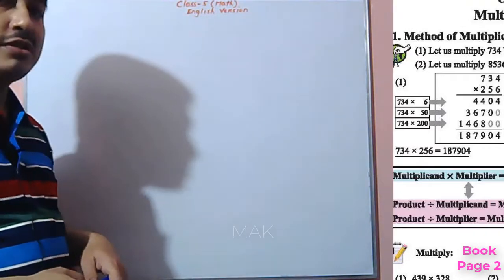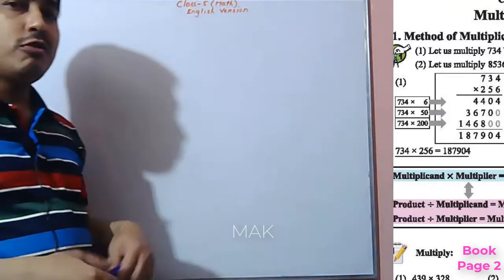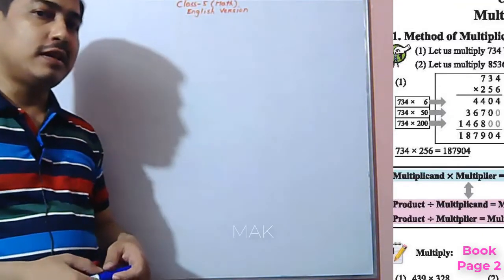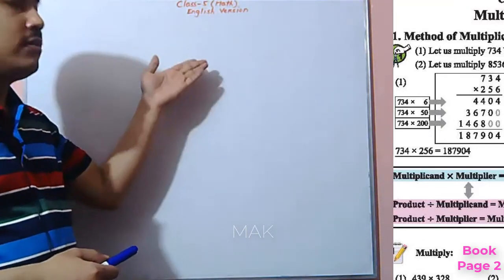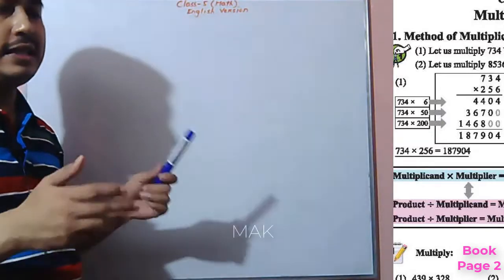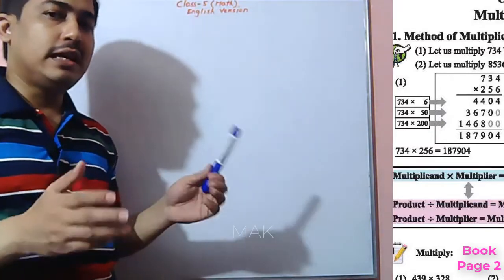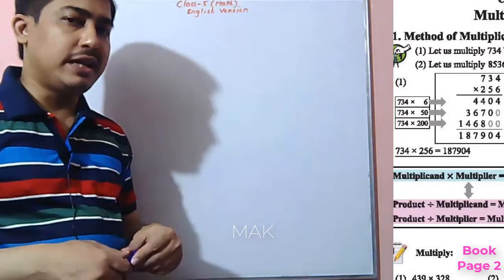Okay, so we are going to start math right now. So what would be your first class? In your first class you are going to see methods of multiplication. In this video especially I'm going to talk about different methods of multiplication.